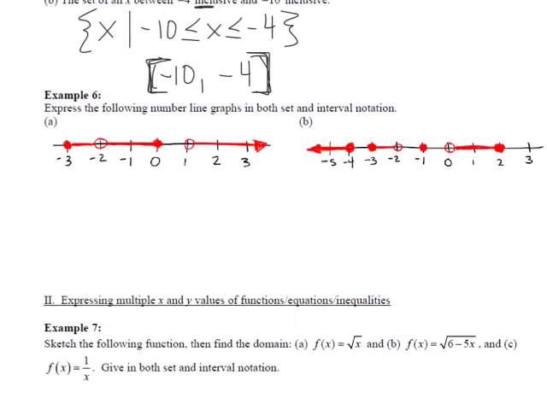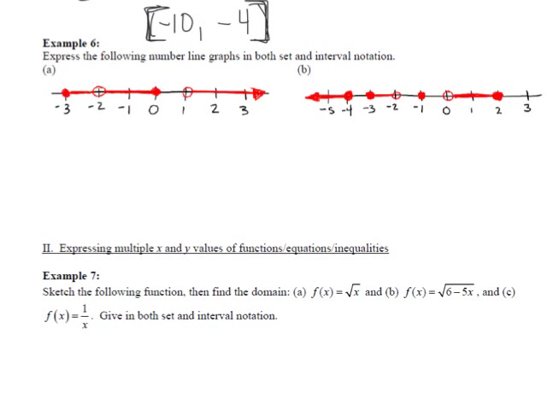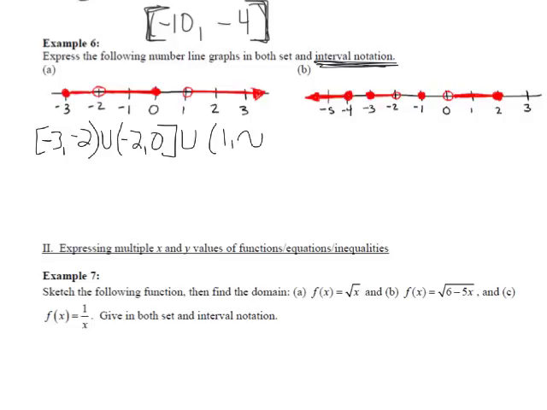All right, example 6. Express the following number lines in both set and interval notation. So first let's do this as I like, interval notation, so I'm going to start both of these with interval notation. We have the interval from negative 3 to negative 2, not including, or negative 2 to 0, including, or 1 to infinity.